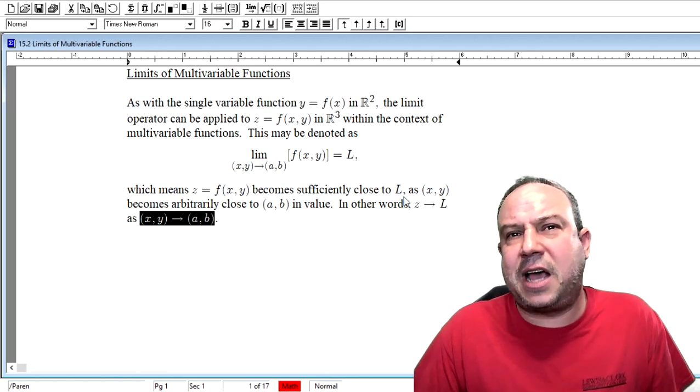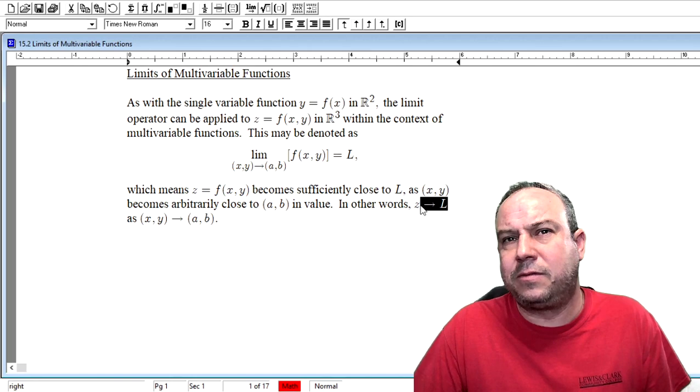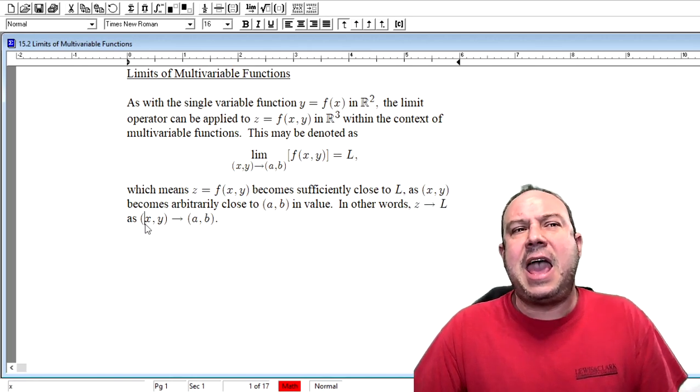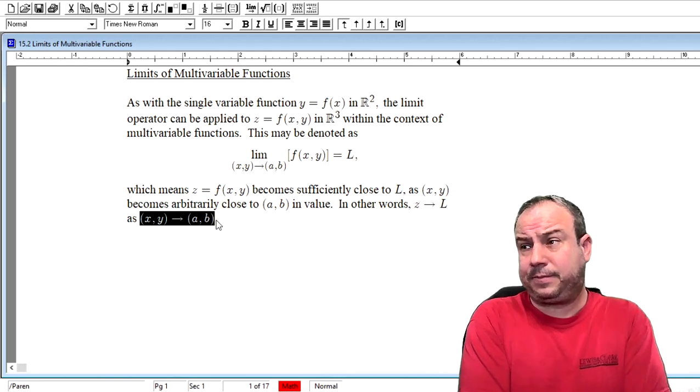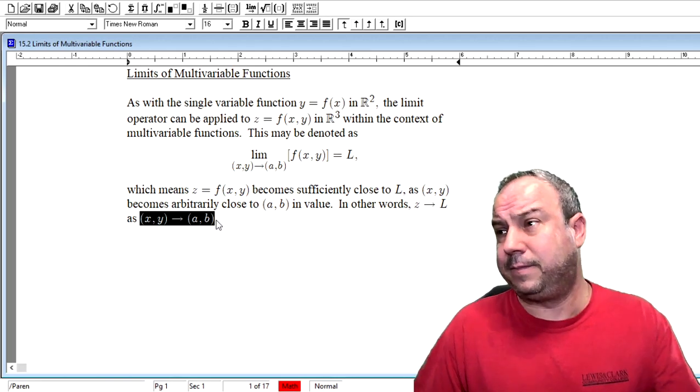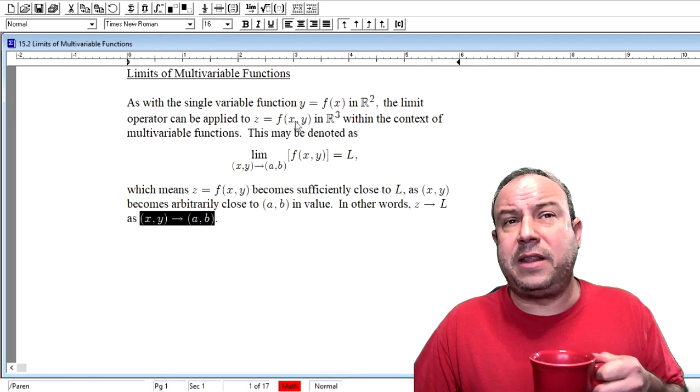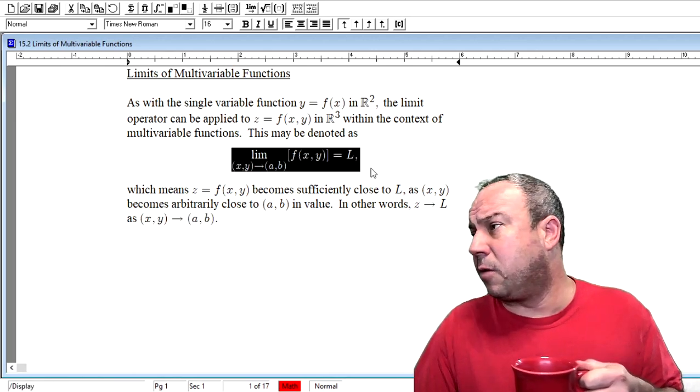Z approaches L in 1 dimension, along the z-axis, as x, y approaches a, b in 2 dimensions, in our xy plane. That is what this statement is interpreted as.